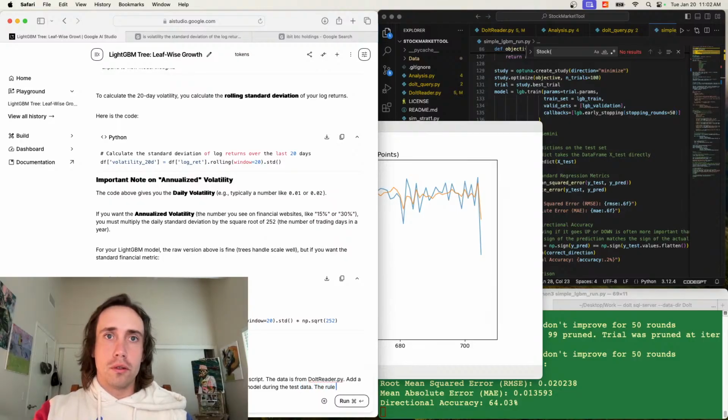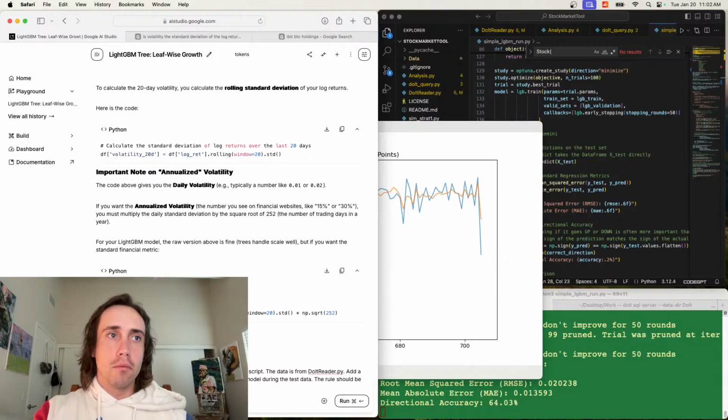The rule should be buy if positive returns are predicted, and sell if negative returns are predicted.